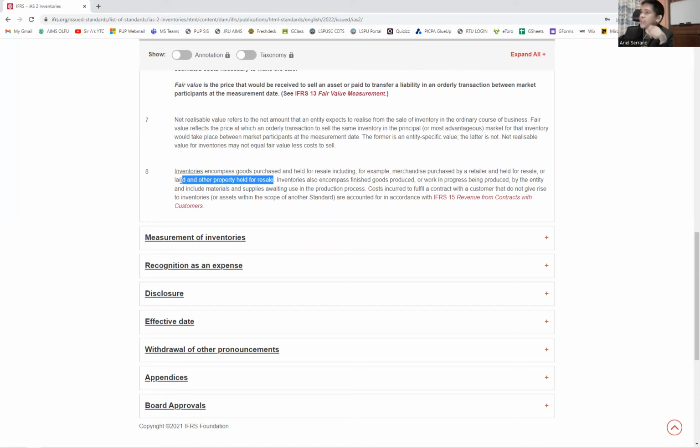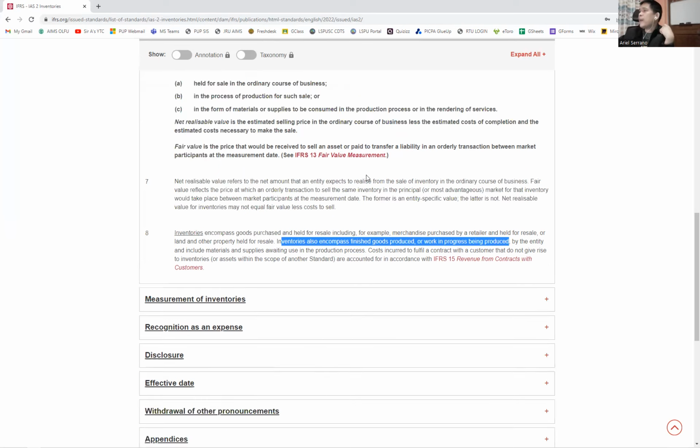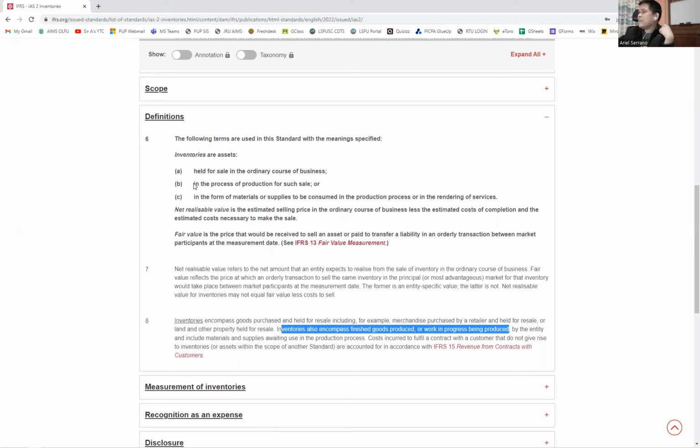Sa mga real estate, sa mga nagbebenta ng mga condominium, nagbebenta ng mga lupa, yung mga hindi po part of the property, plant and equipment if the intention is to sell it. So that becomes part of your inventory. Okay. Inventories also encompass finished goods produced or work in progress being produced. Kaya po dito sa letter B sa definition ng inventories, ito po yon.